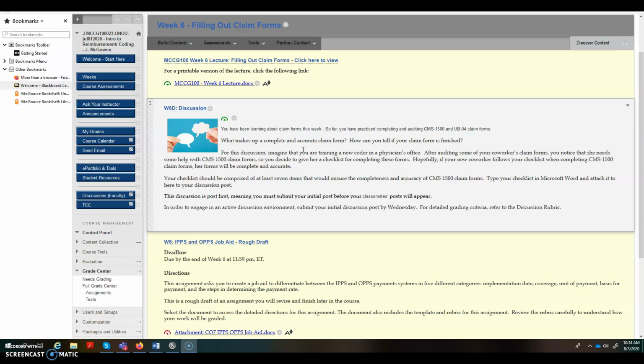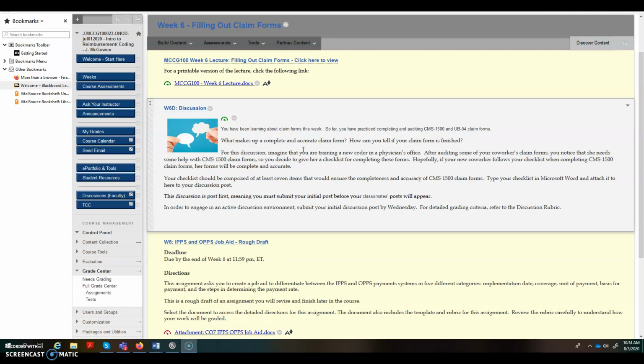So, the first thing that we're going to do, or you can do them in any order, is the discussion. What we're looking for is a checklist. So, imagine you or your coworker, the scenario describes the coworker, but you can use this for yourself as well when you get out into the field, creating a checklist of how would you ensure that you are capturing everything needed when you're auditing, or imagine just using it for yourself as a new coder.